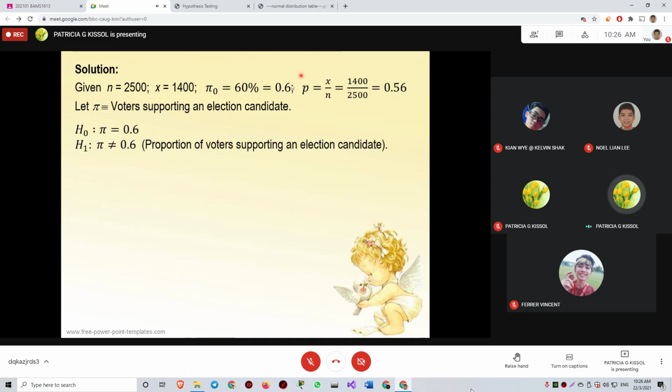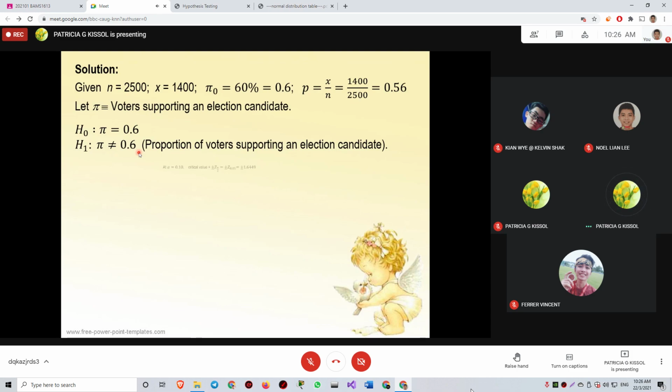The null hypothesis is that it is equal to the claim, 0.6, and the alternative is that it is not equal to 0.6, a difference from the value that was claimed. So this definitely will be a two-tailed test.